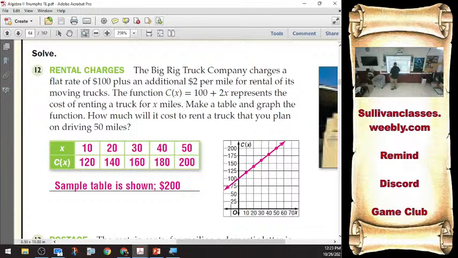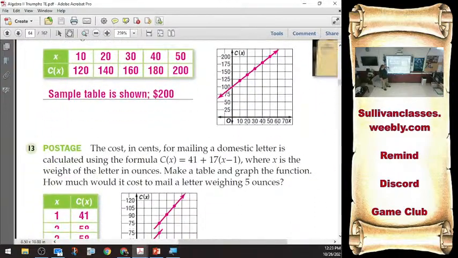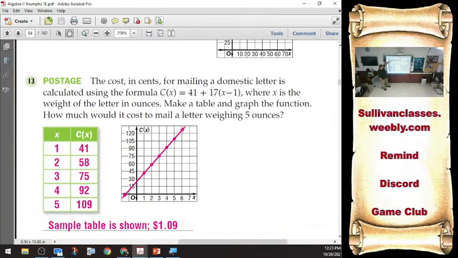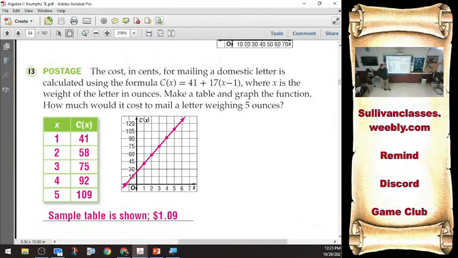And then they say to do the same thing at 50 miles, but you're just going to plug the number in there anyway. They do the same thing. Here's a function. Plug stuff in. I look at the graph at the bottom on my x-axis and I see 1, 2, 3, 4, 5, 6, 7. I should probably pick those numbers and not -5. Right? Because it's what's on my graph.